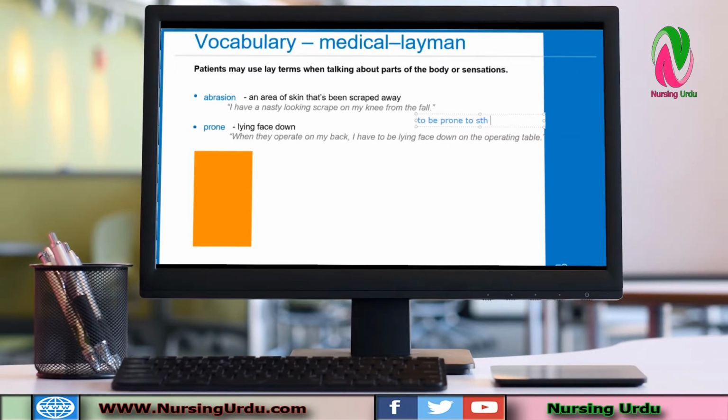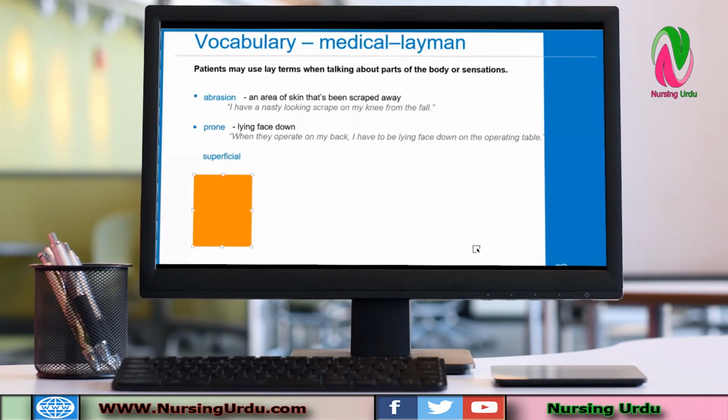To be prone to infection, for example, or as Yawin said, that you're more likely to get infections, okay? Or your condition means you're likely to get infections. Yes, that's true. So be aware of that, but here we're talking about the position, okay?